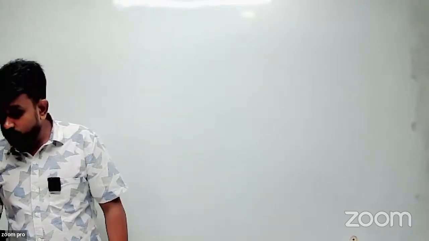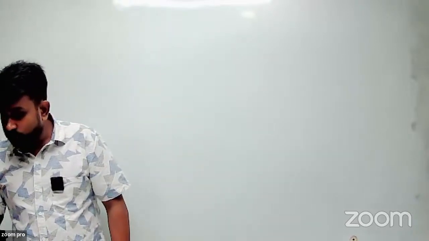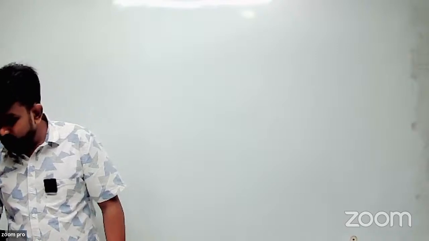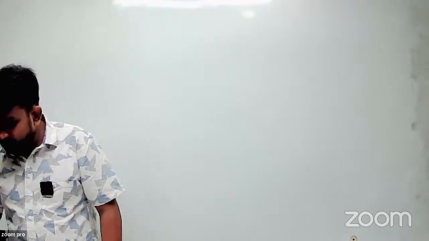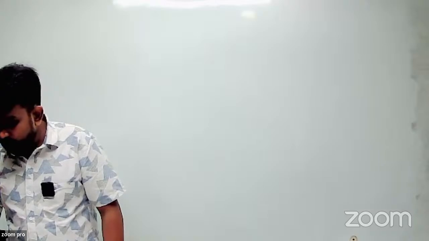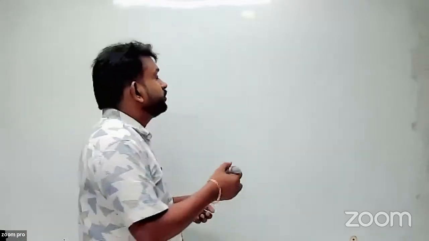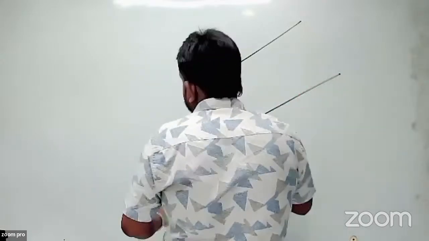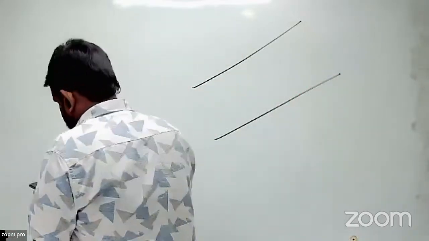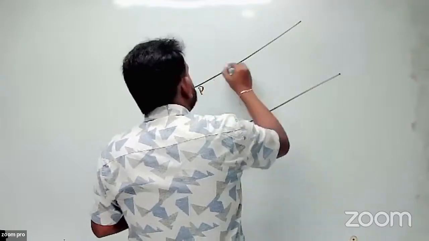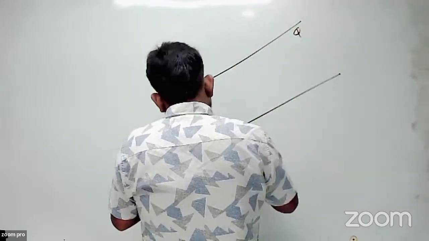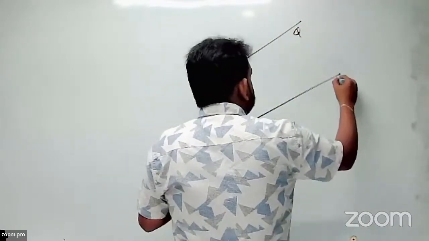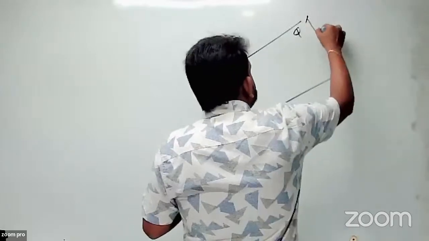Right, now we move to question number 24. That is also a good question. Here PQ is there and AB is there, 16 apart, right?